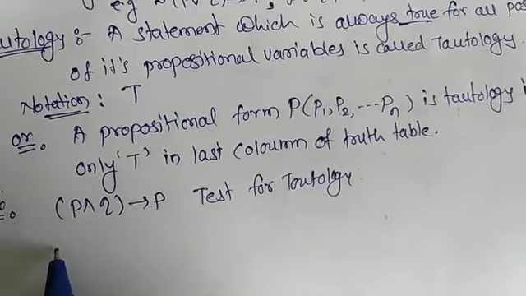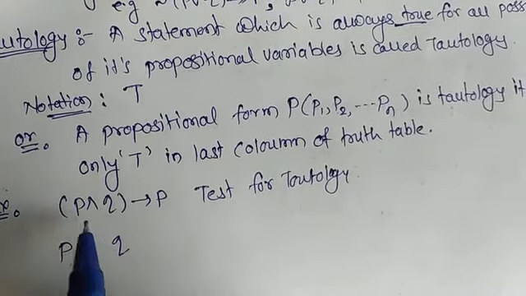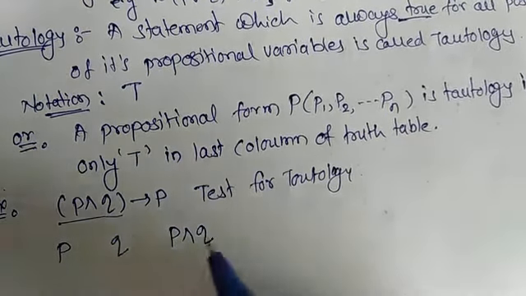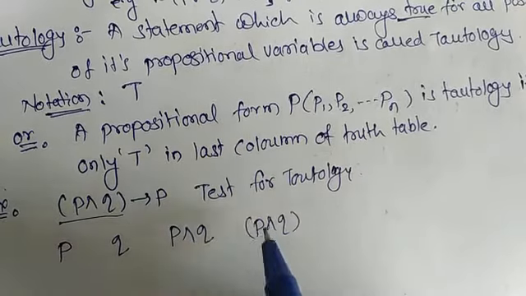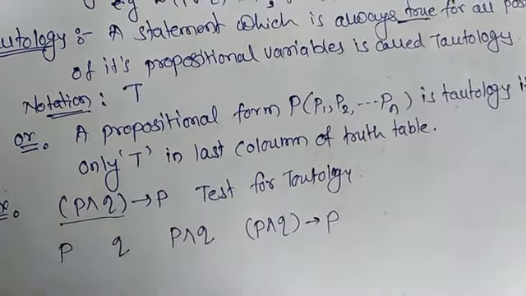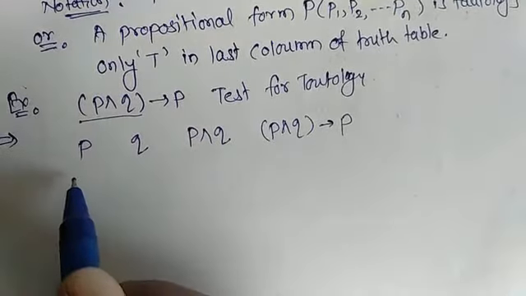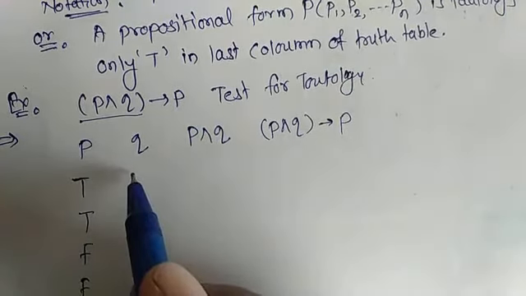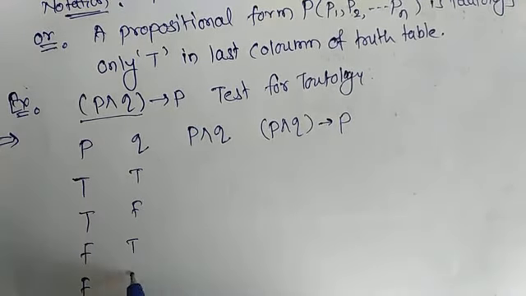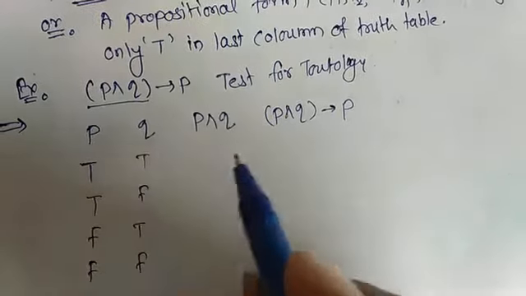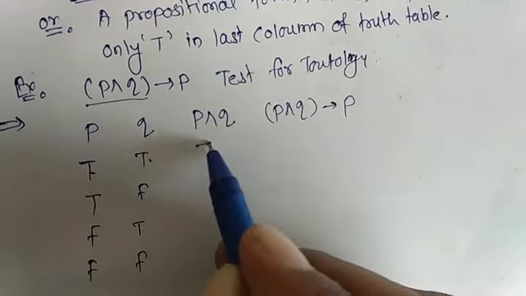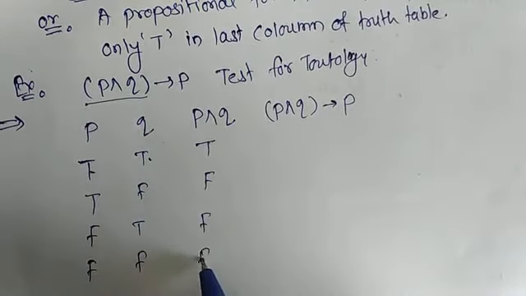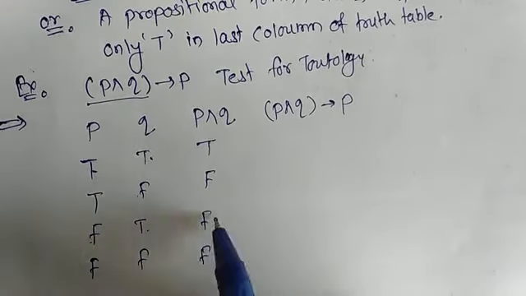There are two statements, P and Q. The first bracket is P and Q, so the next column will be of P and Q, and the last column will be of P and Q implies P. For two statements there are four possibilities: for P it is T, T, F, F, and for Q it is T, F, T, F. For AND, if both are true it will be true, and the remaining conditions are false: T, F, F, F.